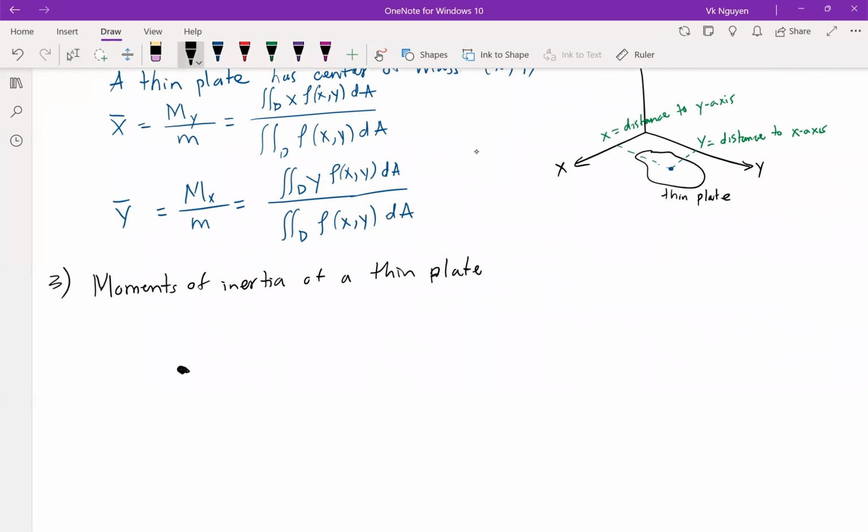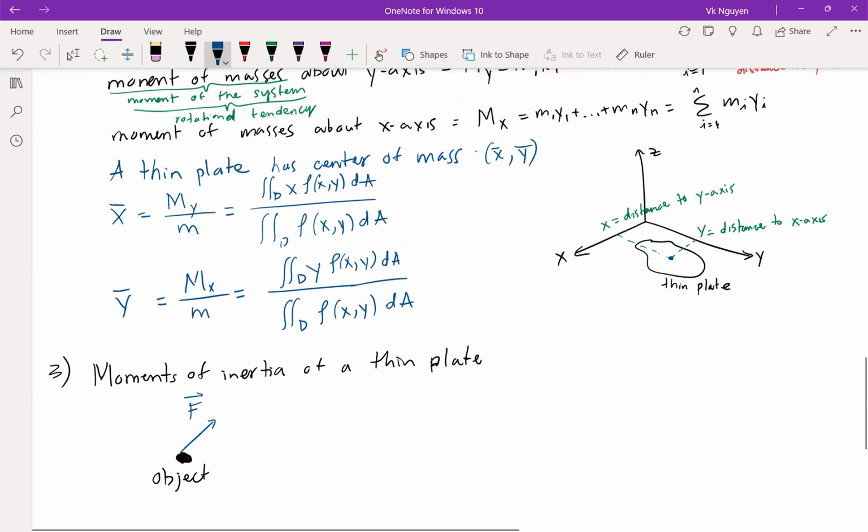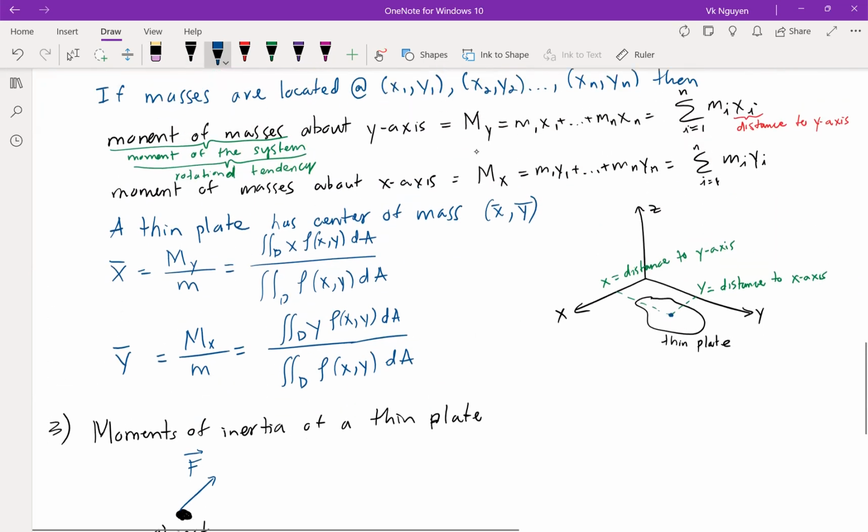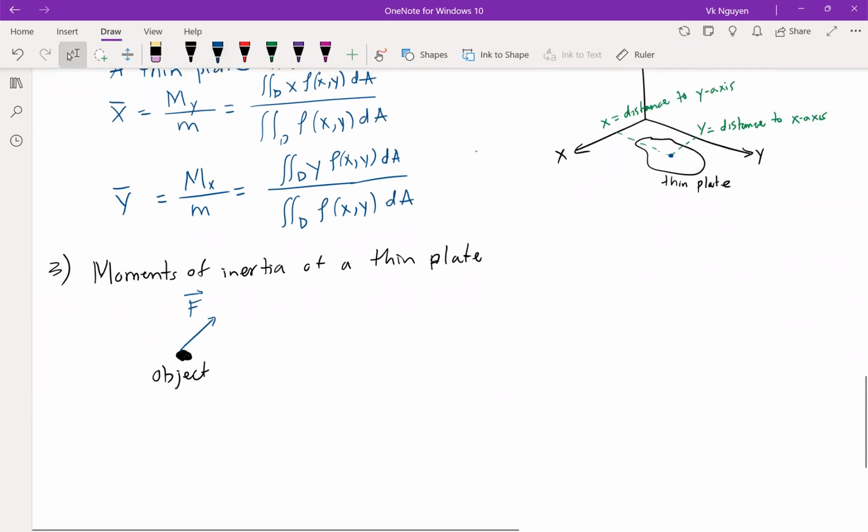I said that we have an object right here. And there's a force that is pushing the object to rotate. So here comes the force here. And then the object is going to, as you can see, this is the rotational tendency, so it's going to rotate in a circle. The force is going to push the object to do a rotation.